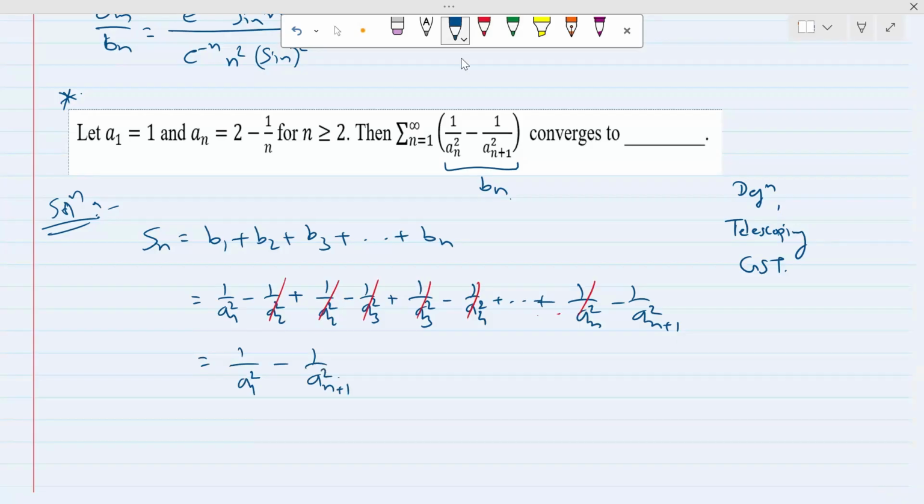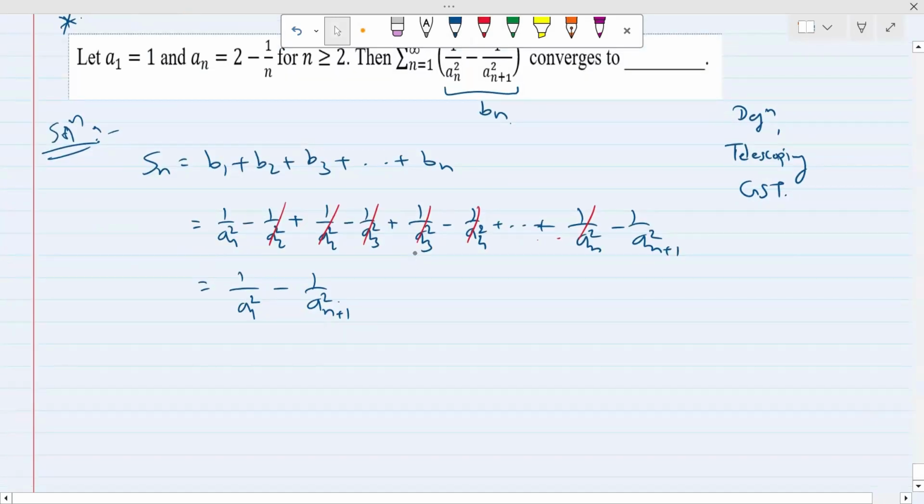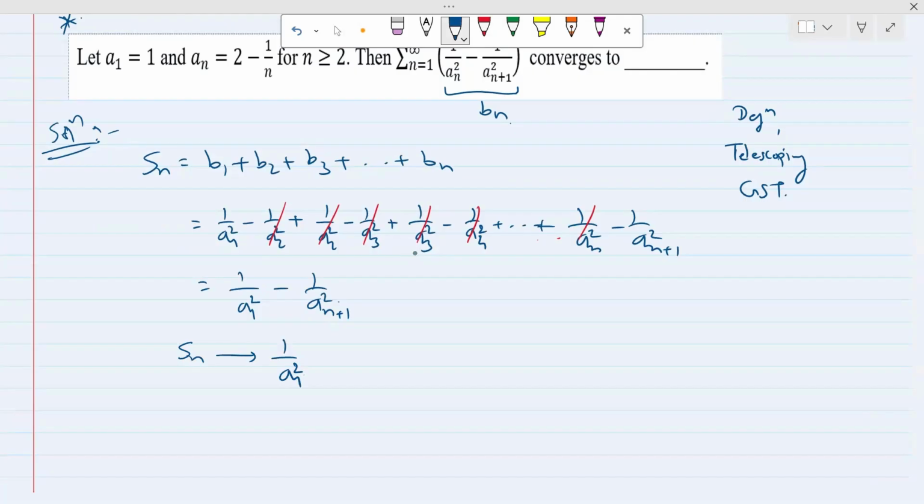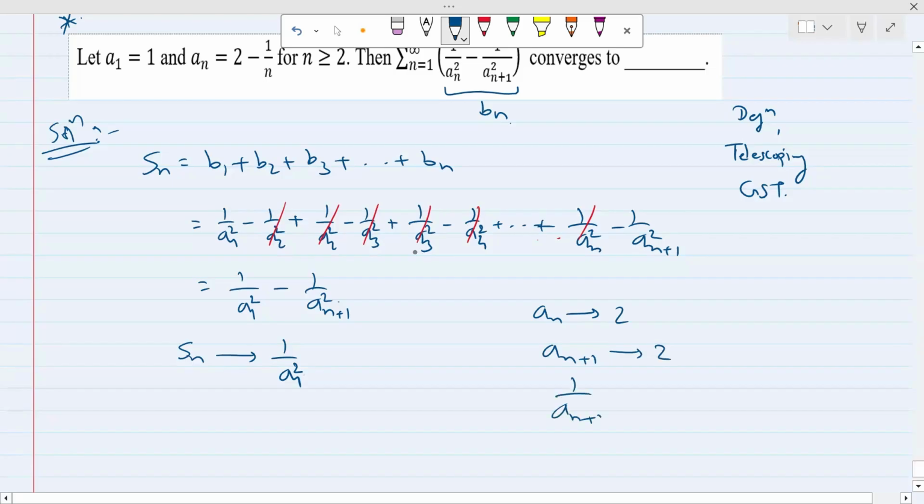So what is the limit of this as n tends to infinity? So Sn converges to 1 by a1 square minus the limit of 1 by a(n+1) square. Where does an go? To 2. So where does a(n+1) go? To 2. So 1 upon a(n+1) will go to 1 by 2.